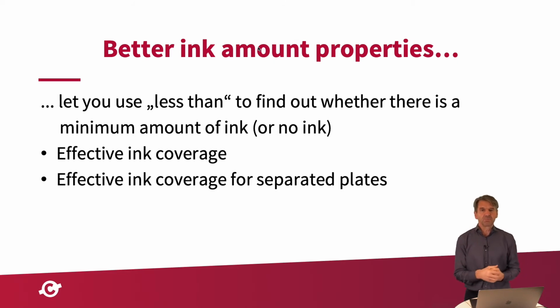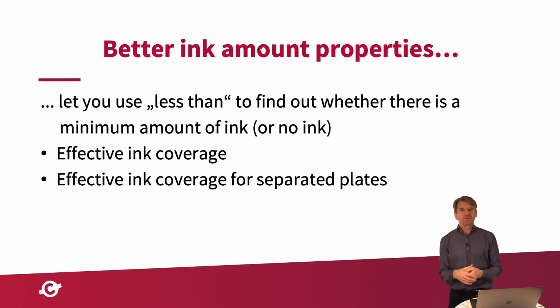So there were properties for a long time now, effective ink coverage and effective ink coverage for separated plates, but they didn't work at all actually for less than. So they gave you problems if there is an ink amount above a threshold, but since they always took into account the highest ink amount value of a page, they didn't properly work for less than.